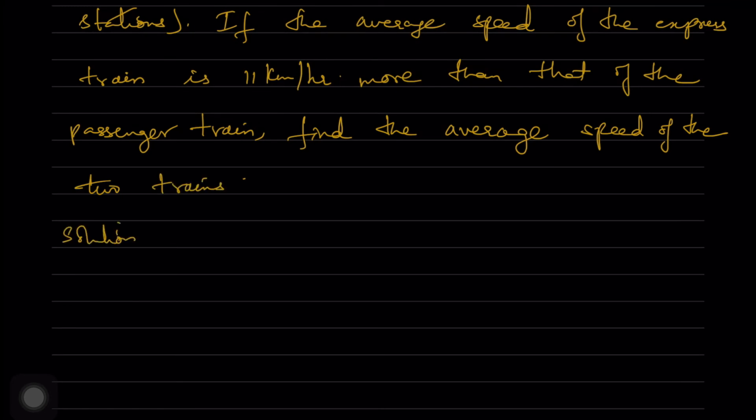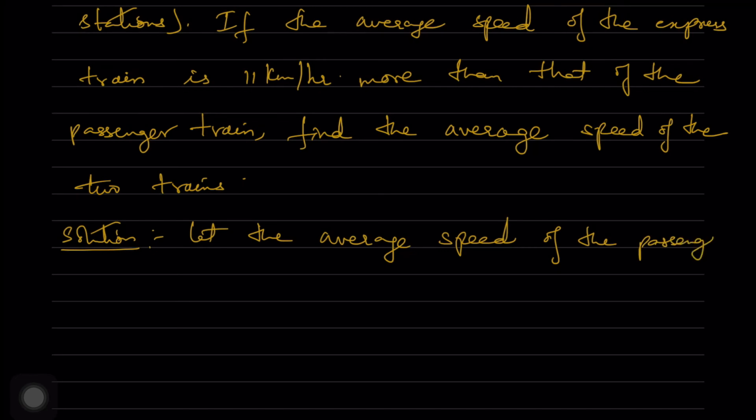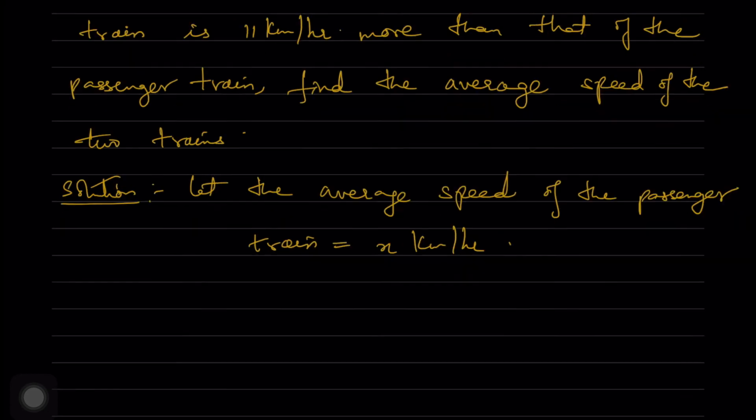So solution you're having here. Let the average speed of the passenger train be equal to x kilometers per hour.